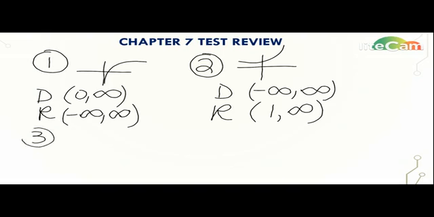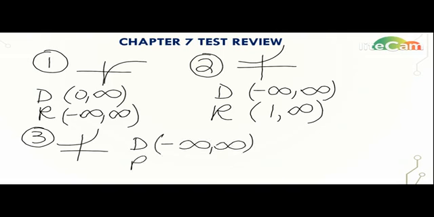For number 3, we have the same thing. All right? However, the domain for number 3 is negative infinity, positive infinity. The range was not shifted, the asymptote was not shifted, so it really just starts at 0. Okay? All right, let's do, how about number 4?